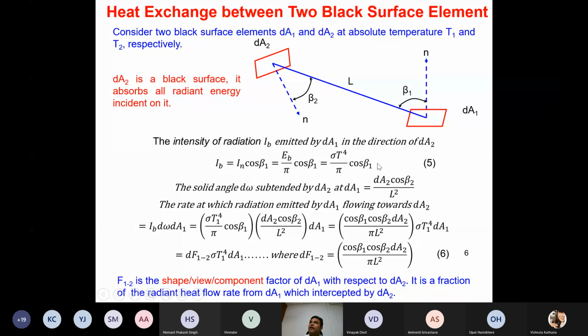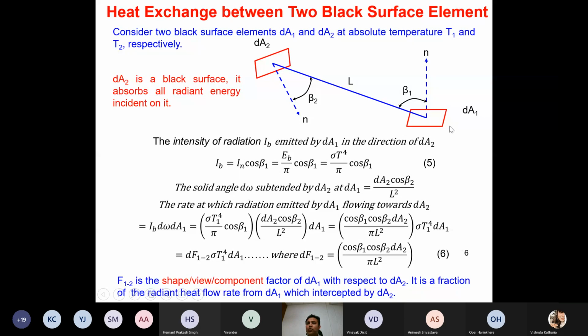Now, what is the rate of radiation emitted by dA1? It is going to be the intensity of the radiation emitted by dA1 multiplied by the solid angle subtended by dA2 at dA1, into area dA1.